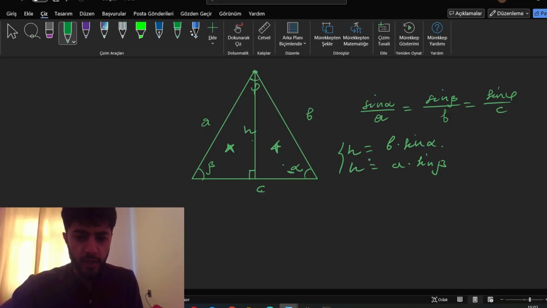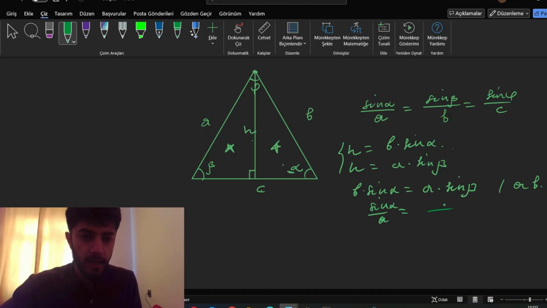So look at this expression. They're the same thing. So write it: b times sine alpha is equal to a times sine beta. And divide both sides by ab. So here we get just sine alpha divided by a is equal to sine beta divided by b. This is our first stage.